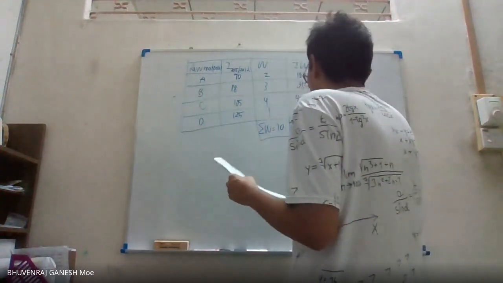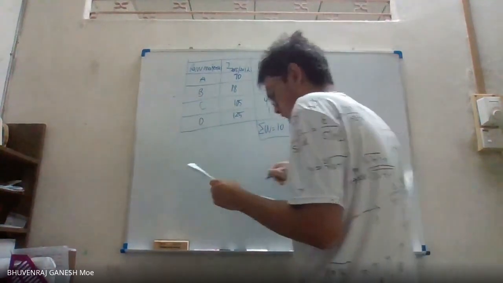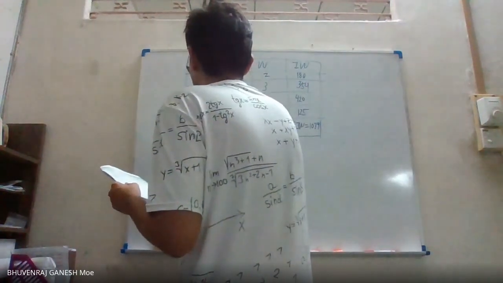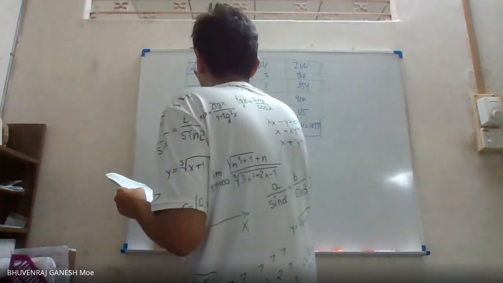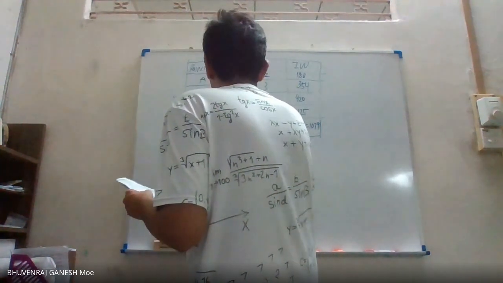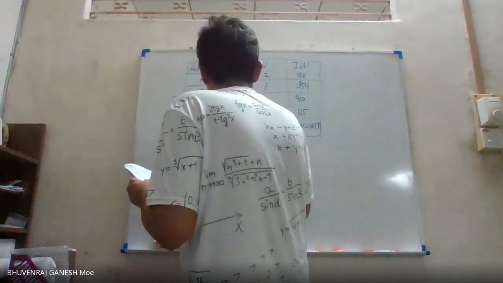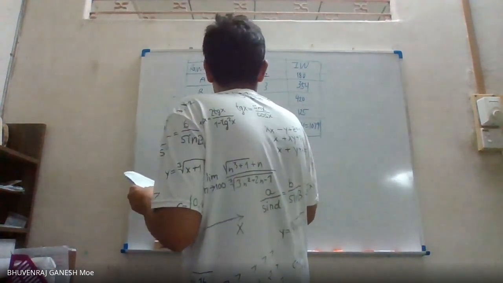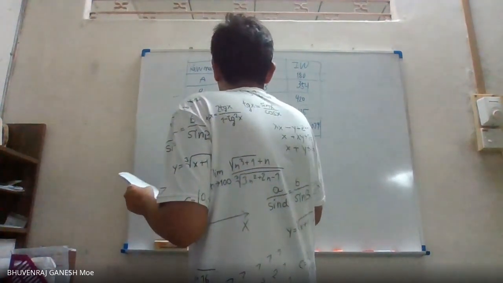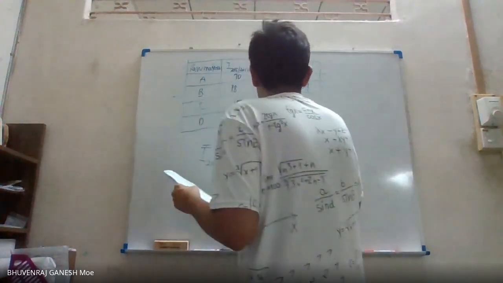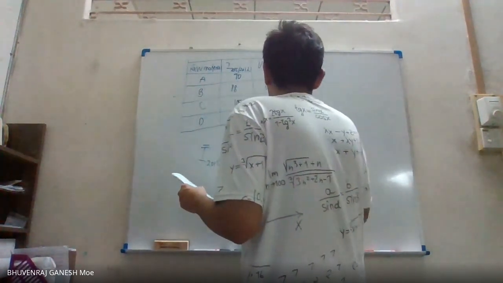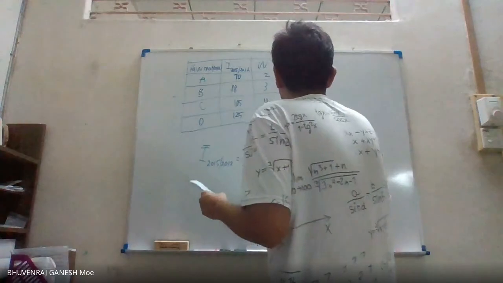So this is 1079. So for composite index, remember to put the head there, if not the formula will be wrong already. Then it's the sum of index times weightage over the sum of weightage, 1079 over 10. So this is what you got just now, 107.9.